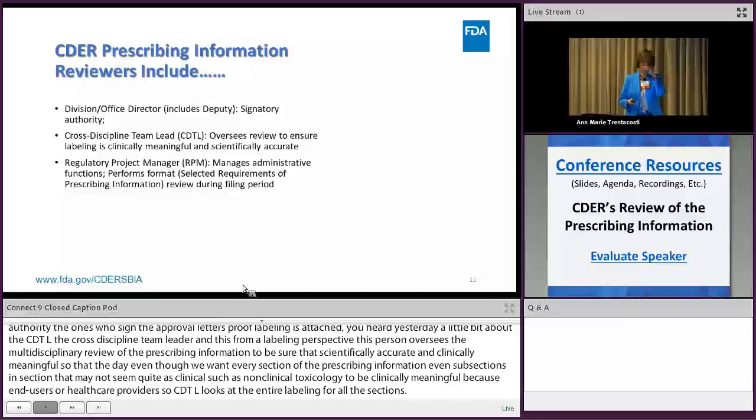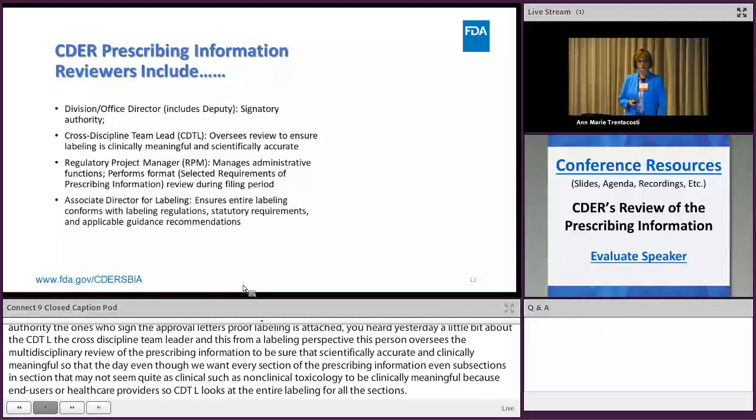Another very important role they have is version control of the prescribing information. As you can imagine, if you have 10 different people reviewing the same labeling at once, version control is very critical. They also perform a format review of the prescribing information called the Selected Requirements of Prescribing Information, which we call the SRPI. I'm going to discuss this a little bit later. This is performed in the filing period.